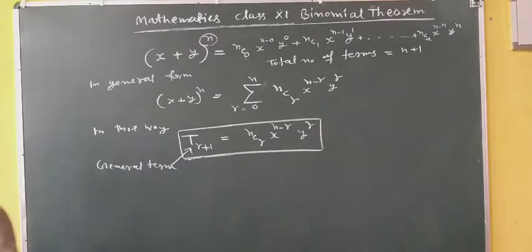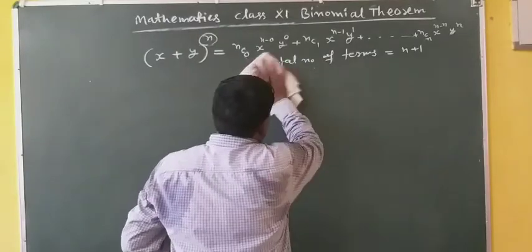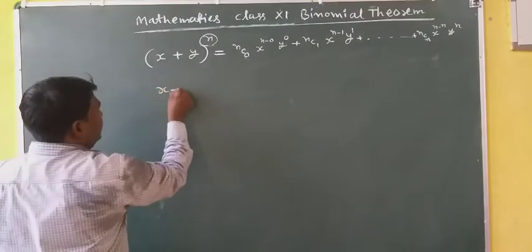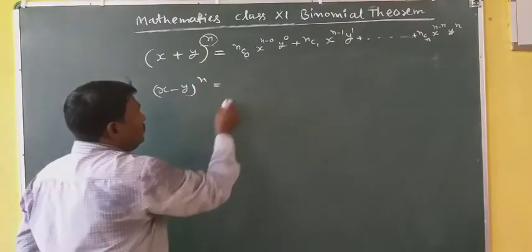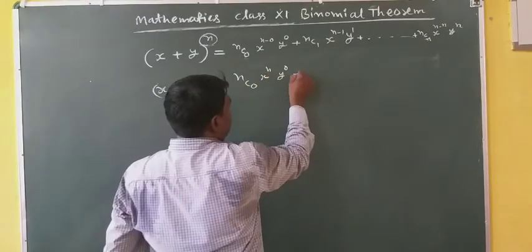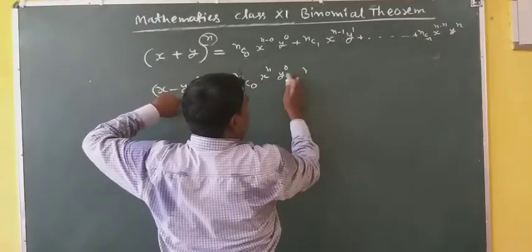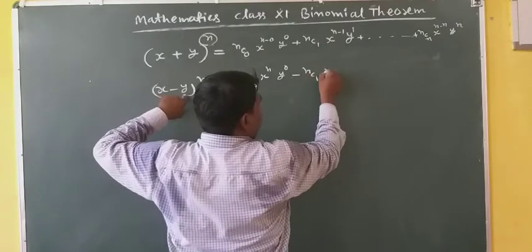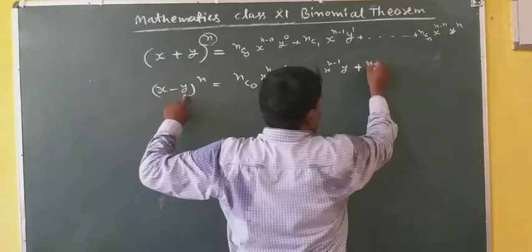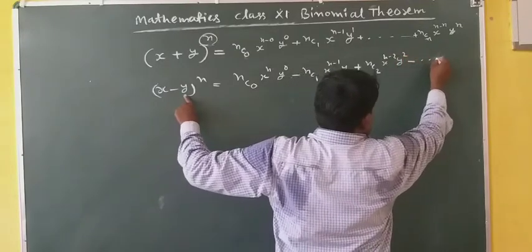In the expansion of (x minus y) power n, just see, it is equal to nC0 x power n minus 0 y power 0, plus, sorry, in the place of y it is minus y, so for y power 1 it is minus nC1 x power n minus 1 y power 1, plus nC2 x power n minus 2 y square, minus, and so on.